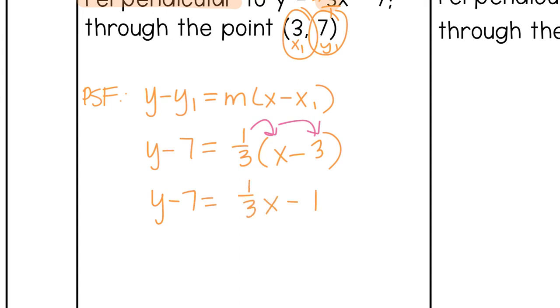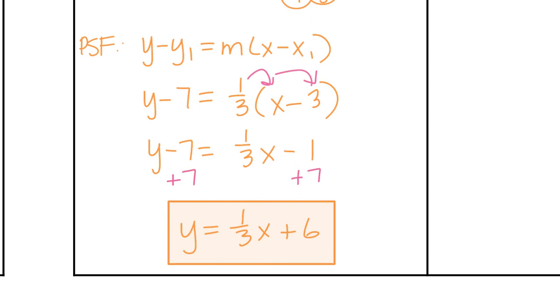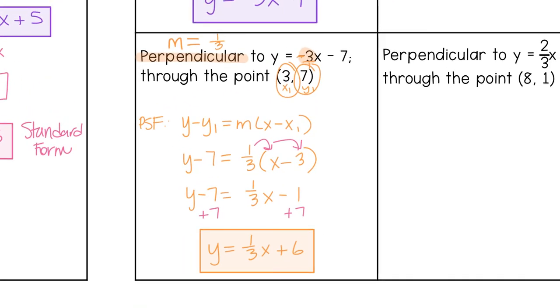And then last, that 7, I want to move it over to the other side. So opposite operation says that I need to add. And I'm left with y equals 1/3 x plus 6. So that line right there is perpendicular to the original line, but it's also going through the point 3, 7.